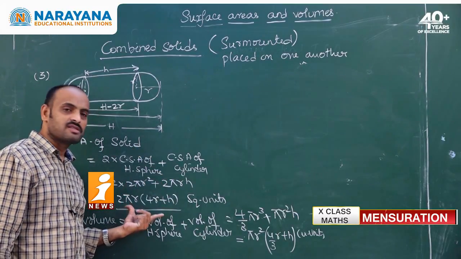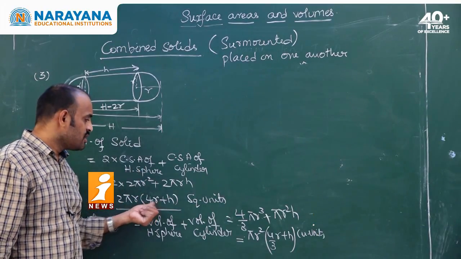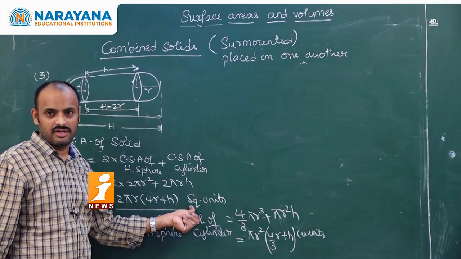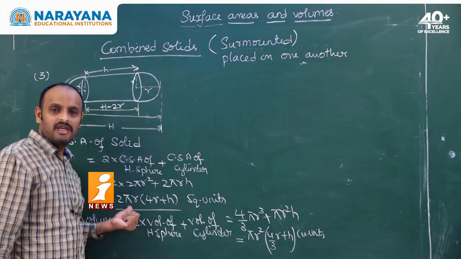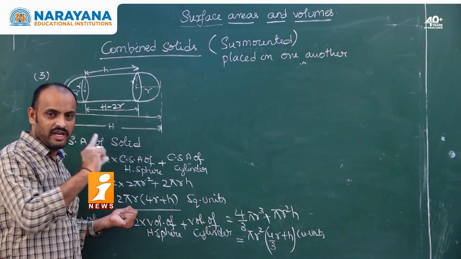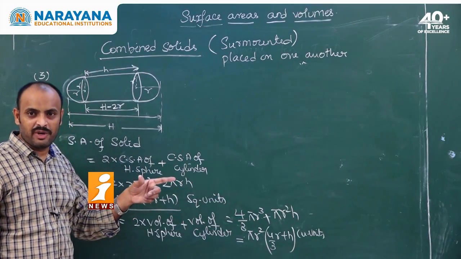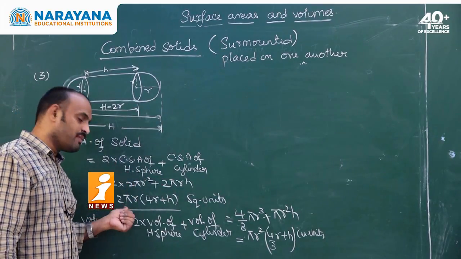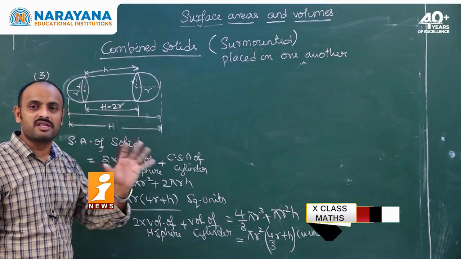Next is substituting the given values. After substitution, writing the units is mandatory. And now, what has to be used in place of pi? If they mention to use pi as 22 by 7, use 22 by 7. If they mention pi as 3.14, take pi as 3.14. If they did not mention anything, what should be considered?